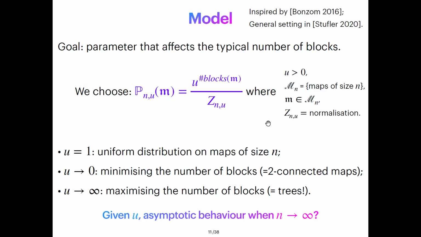When u tends to 0, maps with very few blocks, such as 2-connected maps, will be favored. And on the contrary, when u tends to infinity, maps with a lot of blocks, for example trees, will be favored. And the question we answer is, given u, what is the asymptotic behavior of M drawn according to P_{n,u} when n tends to infinity?